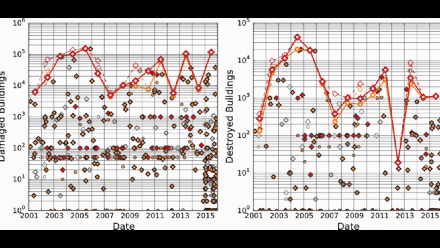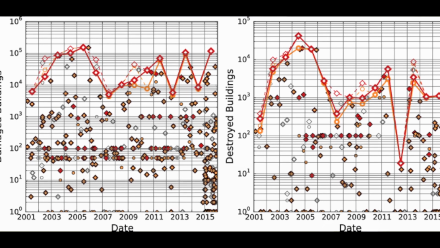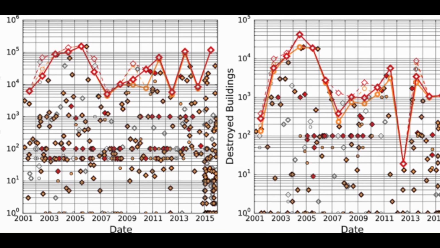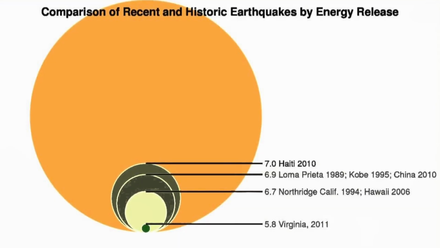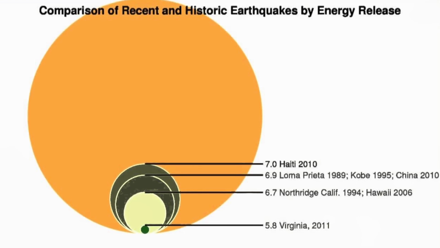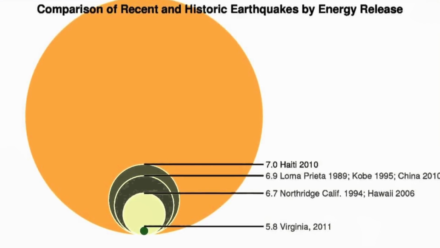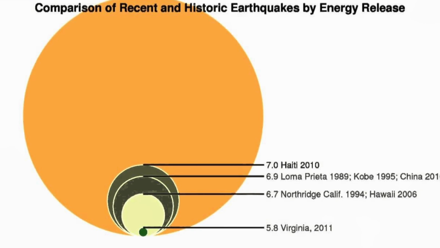The damage caused due to the earthquake is directly proportional to the magnitude. The energy released by an earthquake is measured in terms of ergs and joules. The energy released when the earthquake occurs is measured in terms of magnitude of the earthquake.